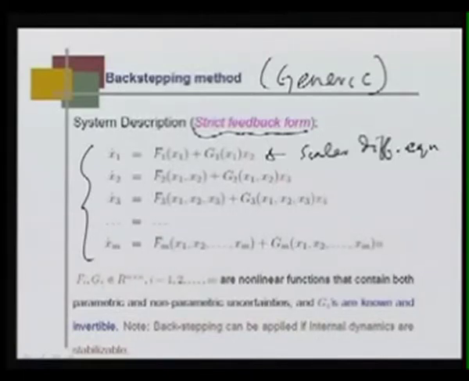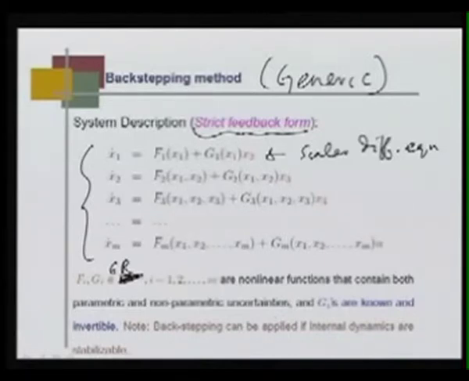Here the f's and g's are all scalars at the moment, and are nonlinear functions that contain both parametric and non-parametric uncertainties.